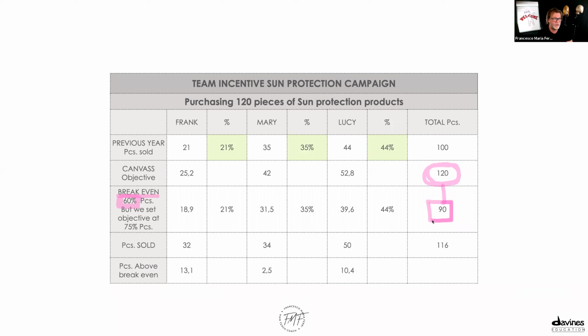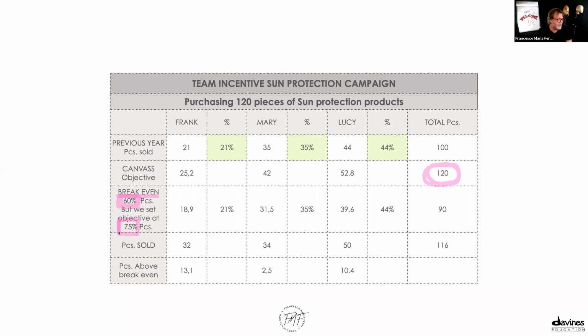Oh no, sorry, this is wrong. So 60% of the pieces is the break even. However, I'm not going to use the break even. I want to make sure I make some money.